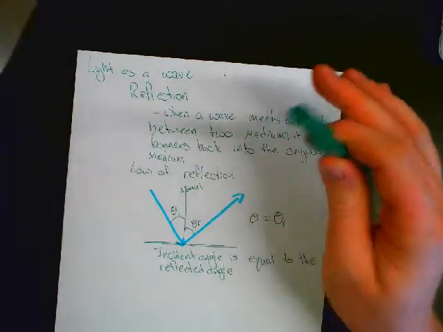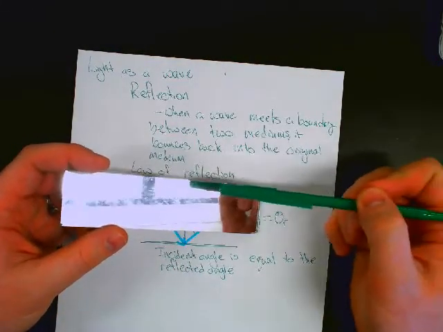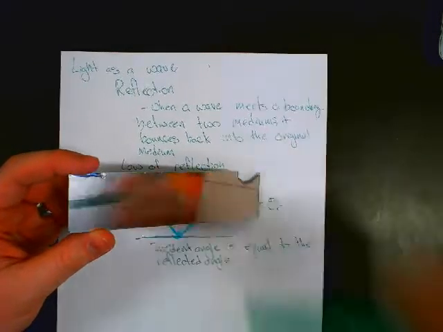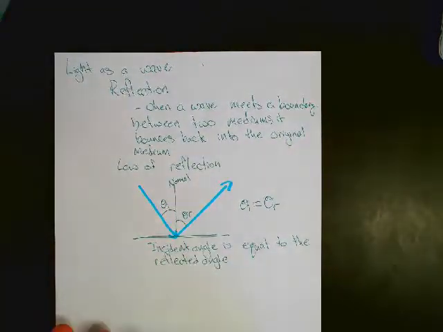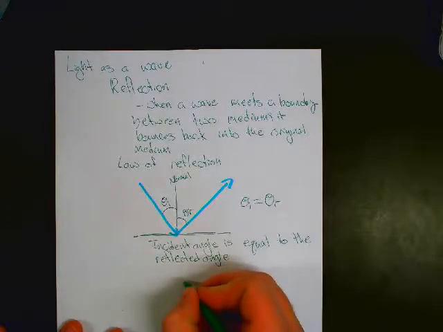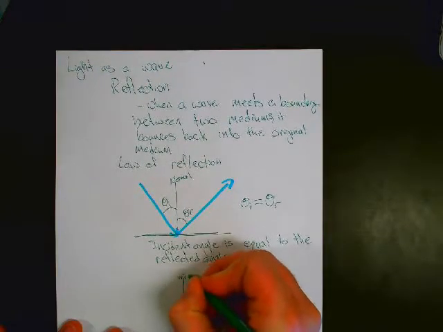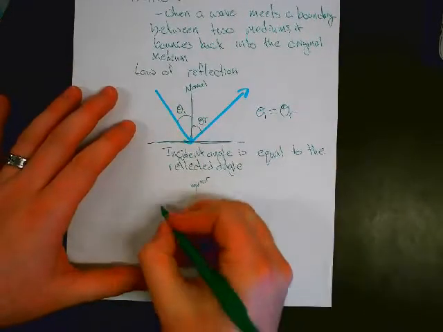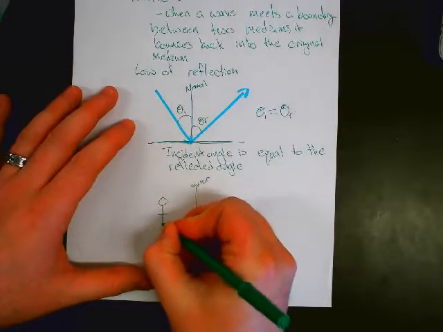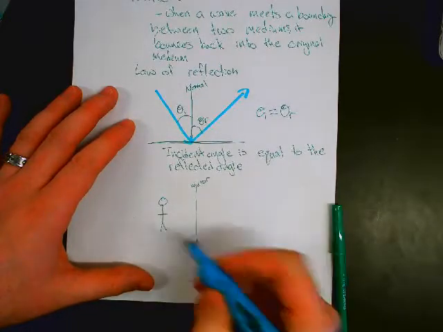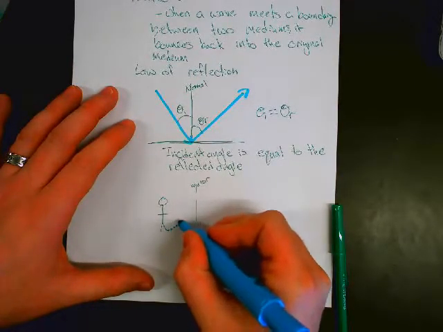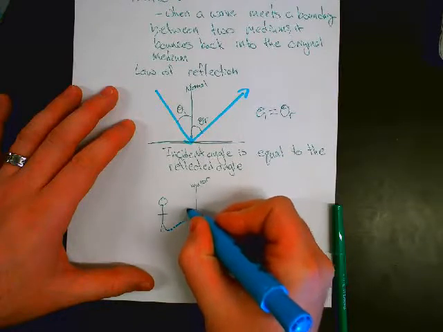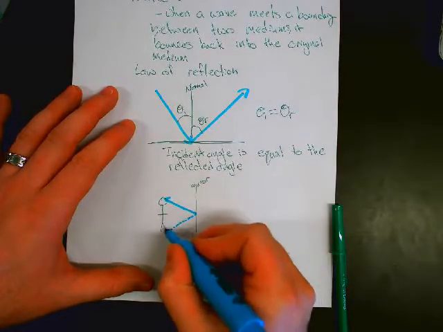So I'm doing this using a flat mirror, and flat mirrors are really the one that we're very used to. And anytime we're using a flat mirror, we create what we call a virtual image. So this is my mirror surface. As you look into a flat mirror, light rays are coming from specific locations on you, bouncing off the mirror, and traveling to your eyes.